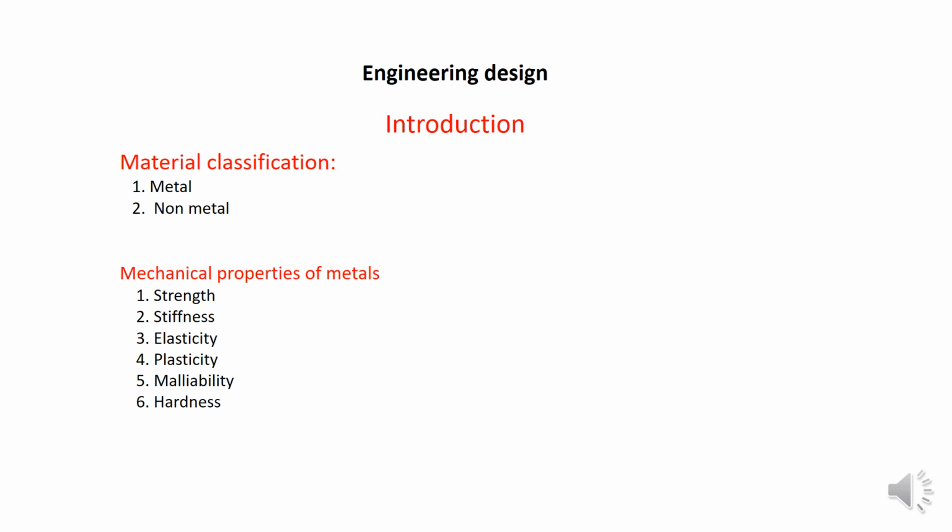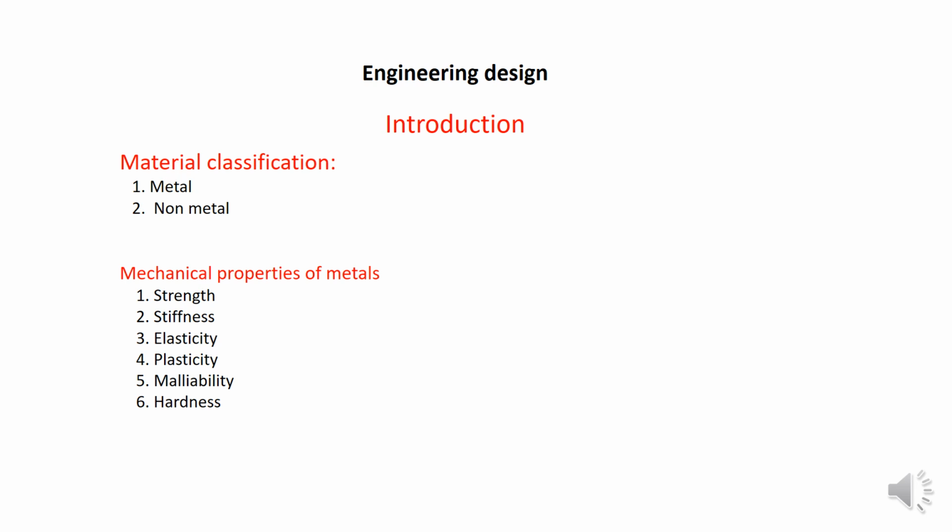Next important mechanical property is stiffness. The definition is, it is the ability of a material to resist deformation under stress. Normally, the modulus of elasticity is the measure of stiffness. Third important property is elasticity.